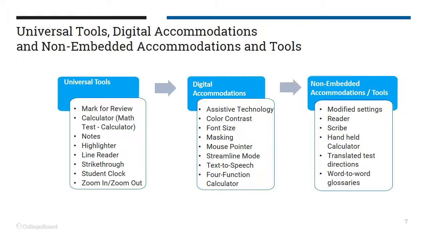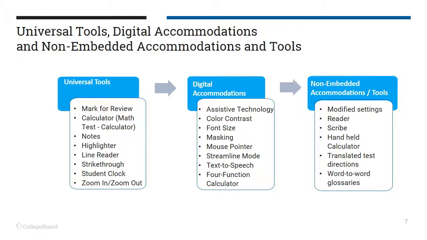Zoom In, Zoom Out. The digital accommodations that require approval, CB approved or state allowed, and configuration in the testing platform include assistive technology, color contrast, font size, masking, mouse pointer, streamline mode, text-to-speech, and four-function calculator.